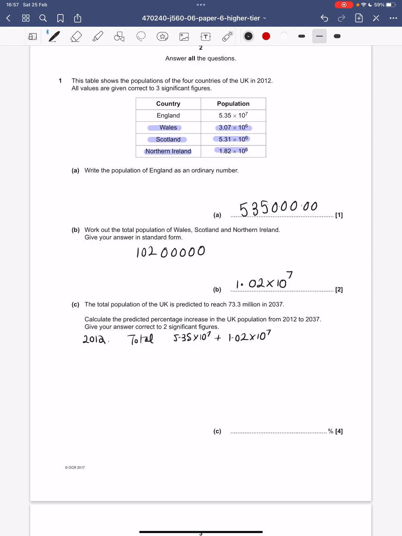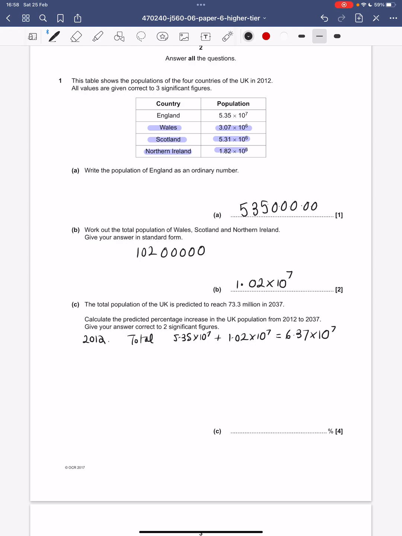So it's my answer that's on the calculator plus 5.35 times 10 to the power 7. And it's 6.37 times 10 to the power 7.